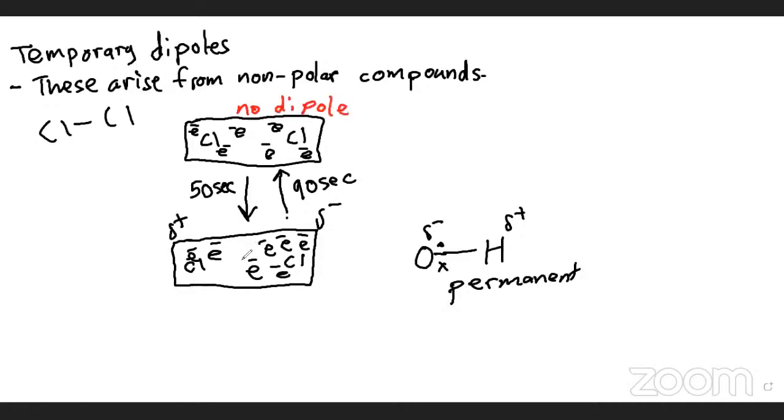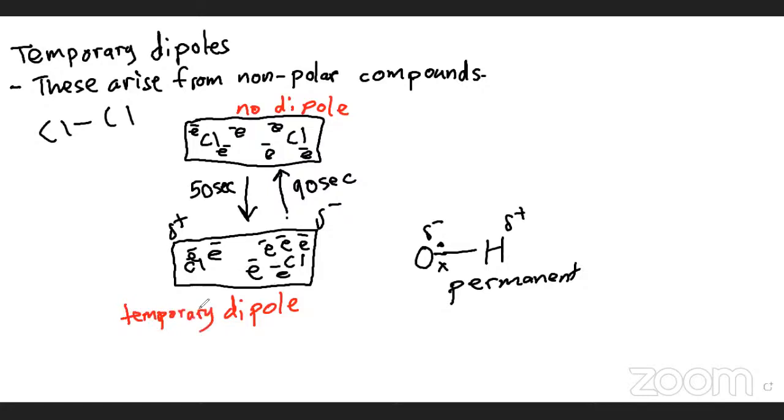After 50 seconds, more electrons were to this side. So it developed a slightly negative charge, and this side developed a slightly positive charge. So we got a dipole. But this dipole is not permanent, it is temporary.